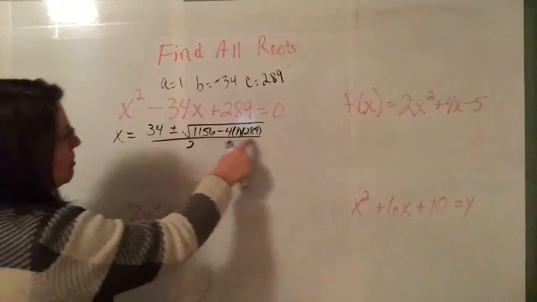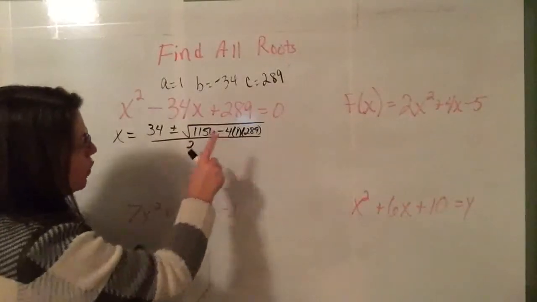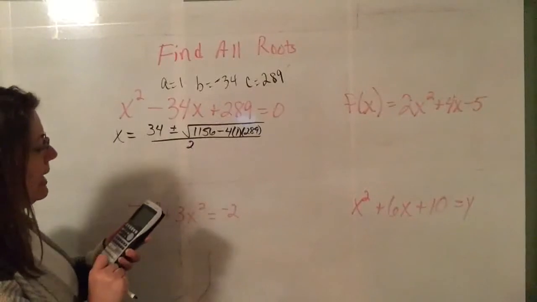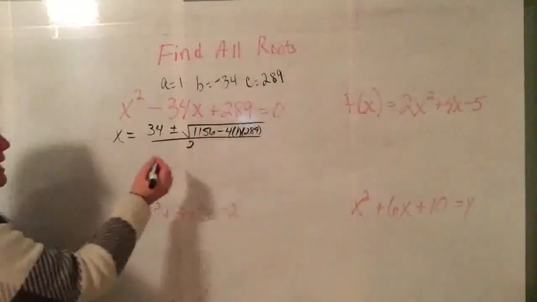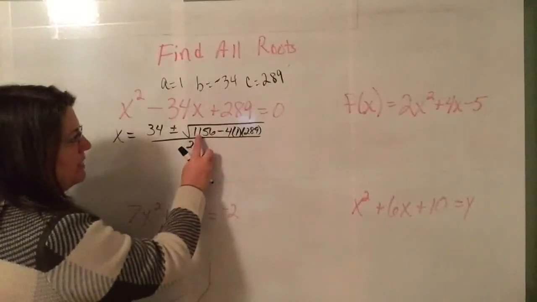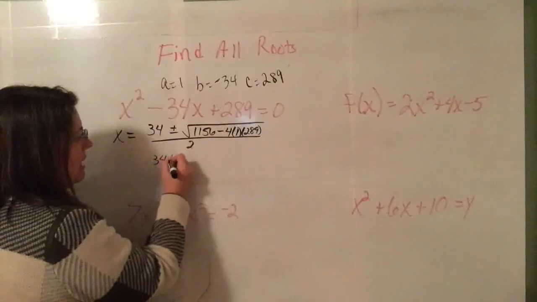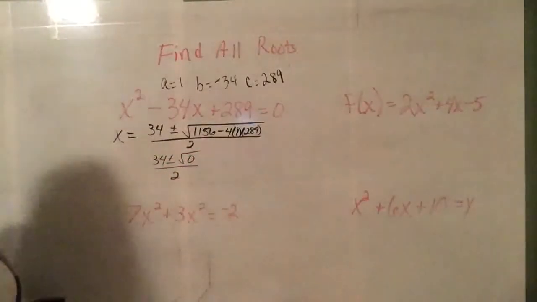And then I'm just going to do the math inside here. When I multiply negative 4 times 1 times 289, I end up with negative 1,156. So we end up with 1,156 minus 1,156. That gives me a square root of 0 underneath the radical.